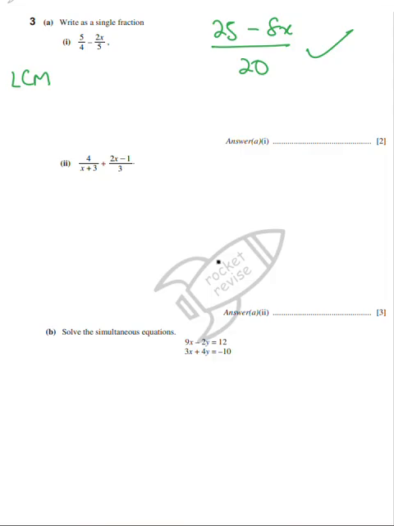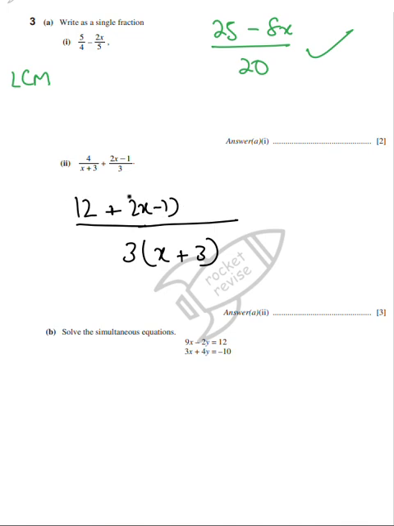Now here comes the question. 4 upon x plus 3 plus 2x minus 1 divided by 3. What do we have here? 3 into x plus 3, good. We'll take a common denominator. 12 plus 2x minus 1 into x plus 3.